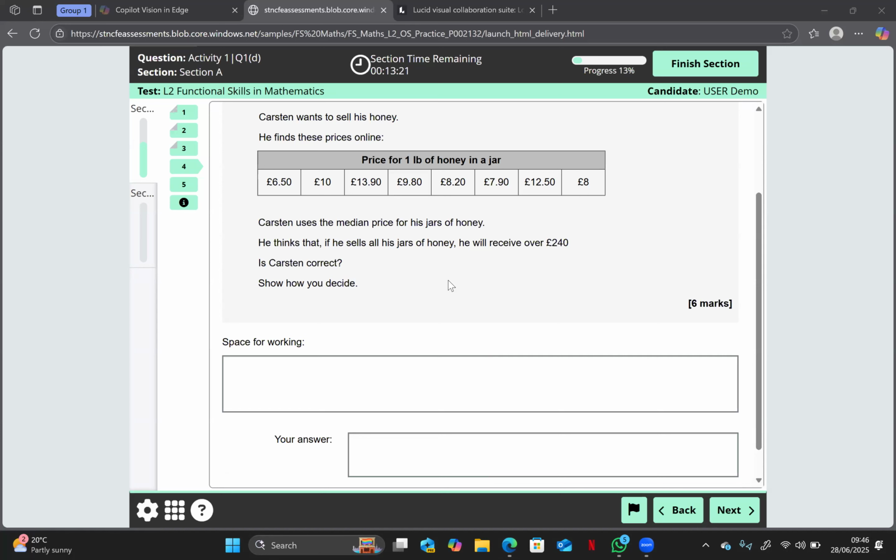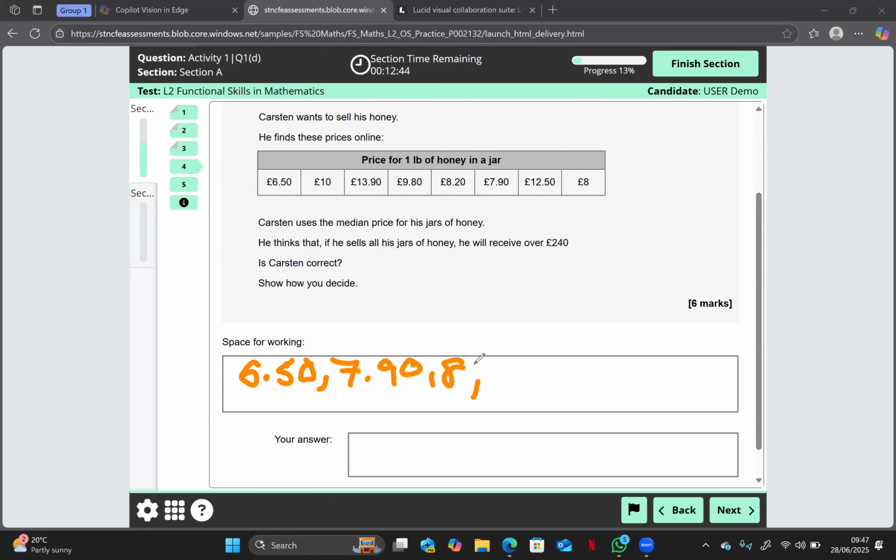So the smallest here will be £6.50. The second smallest is £7.90. The third one is £8.